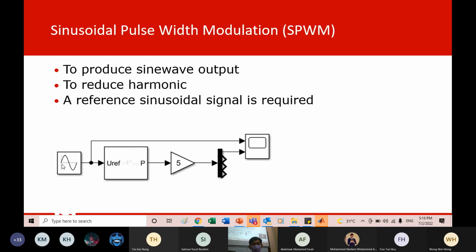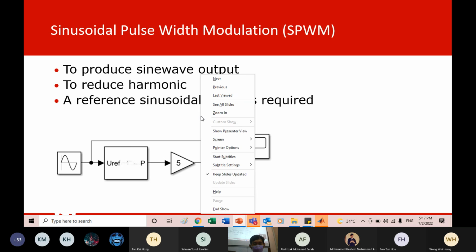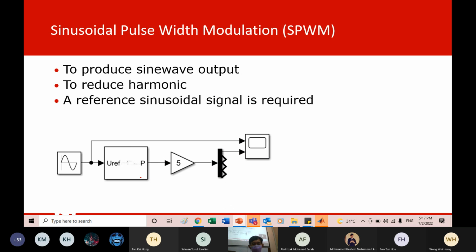What we want to modulate is the sine wave. That means the sine wave is the signal we want to modulate. So when it passes through this SPWM generator, it will generate what we call modulated pulses, and it comes up with 4 channels.